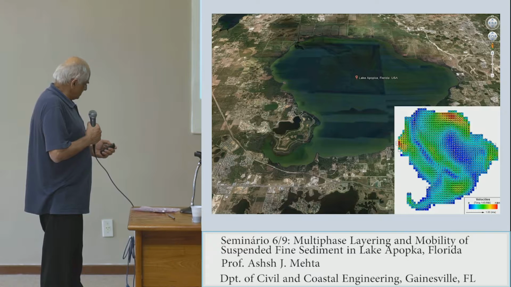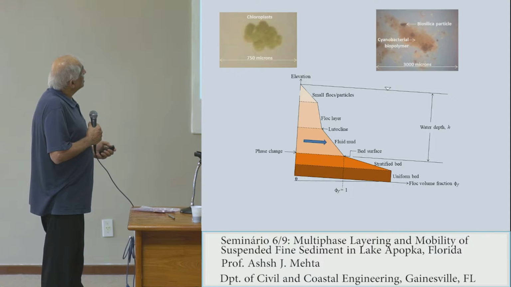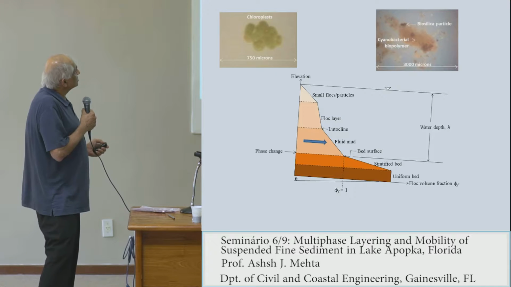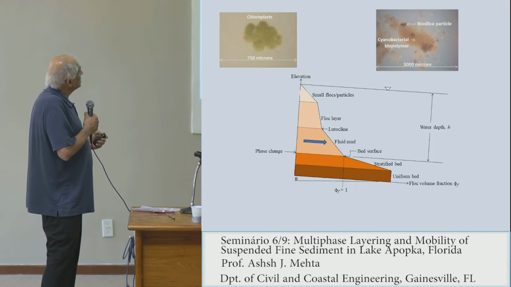So here is a notional vertical section of the lake sediment. You have fairly clear water here, with small flocks and particles. And these are all mainly organic. You have to remember that.